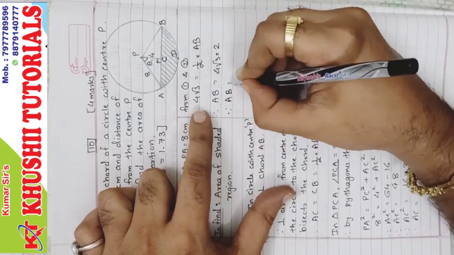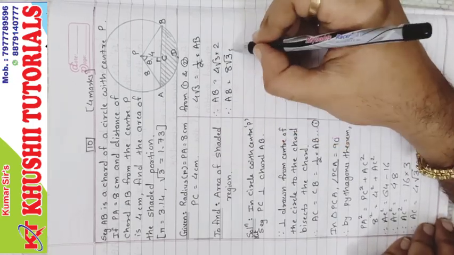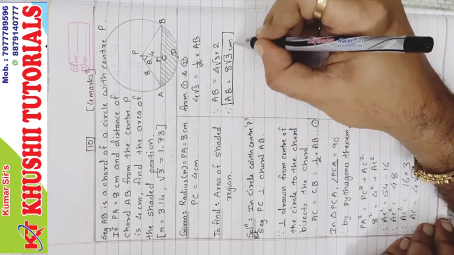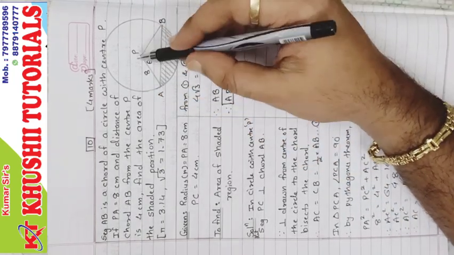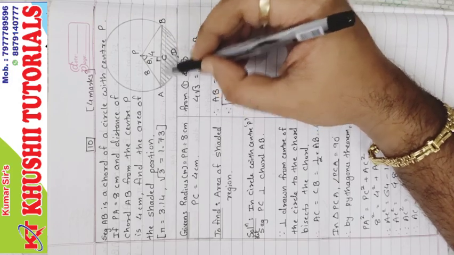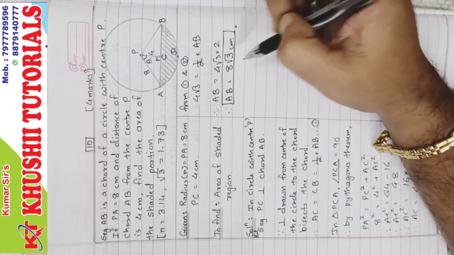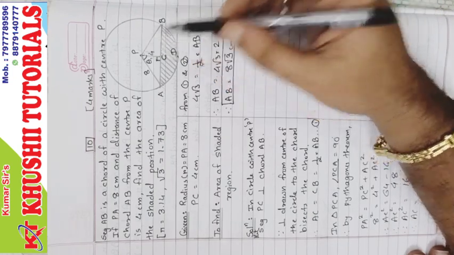Therefore AB equal to 8 root 3 centimeter. So we got the value of AB, which is 8 root 3. Now we can easily find the area of triangle. Because base we got, height is already given. So half into base into height, and we can find out the area of triangle. But the theta is still left.